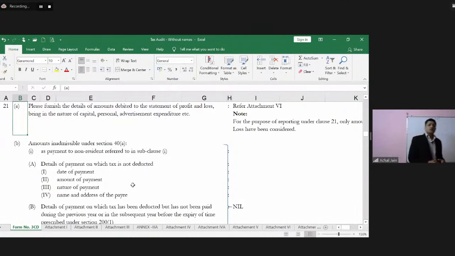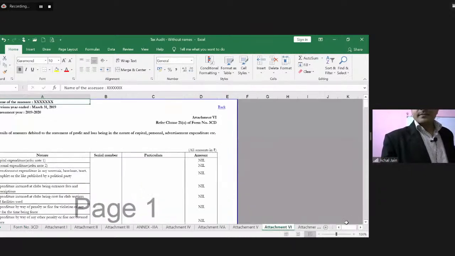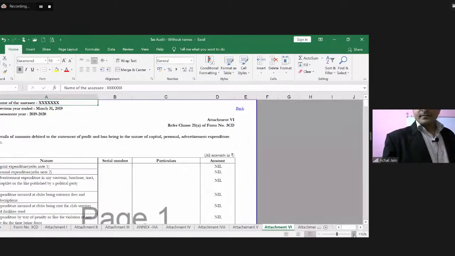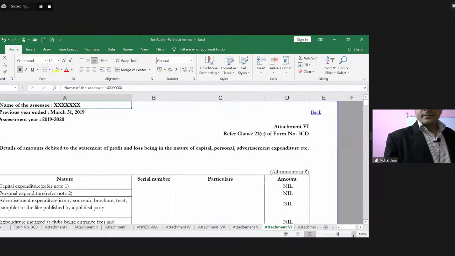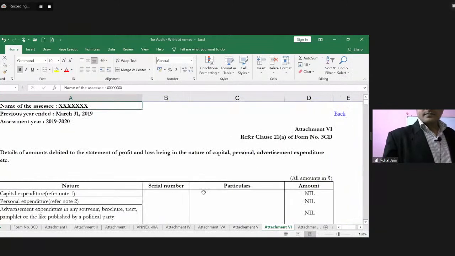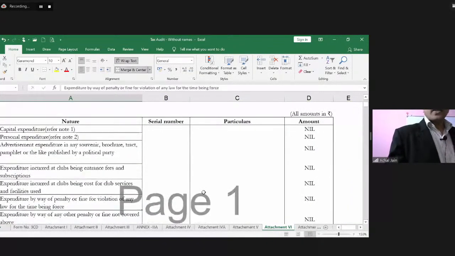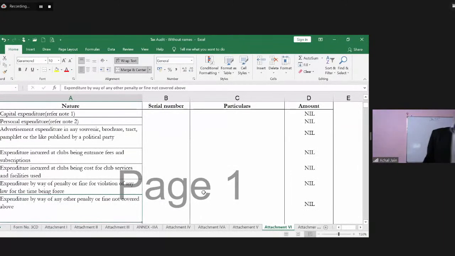And now we can move on to an attachment to look at some of the items which will get captured over here. Capital expenditure, personal expenditure, advertisement expenditure in any souvenir, brochure, tract, pamphlet, or alike published by a political party.